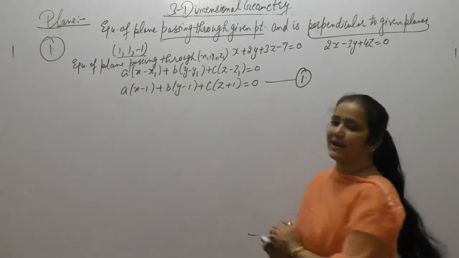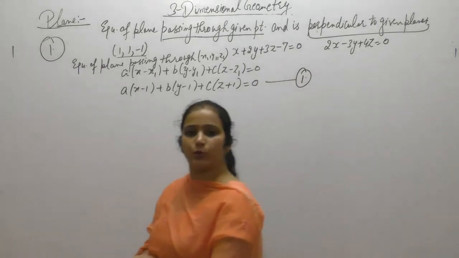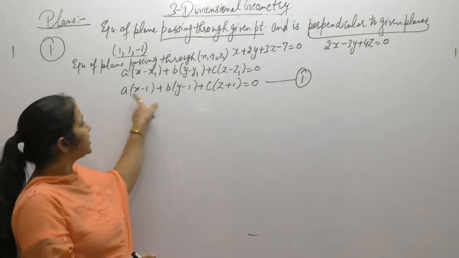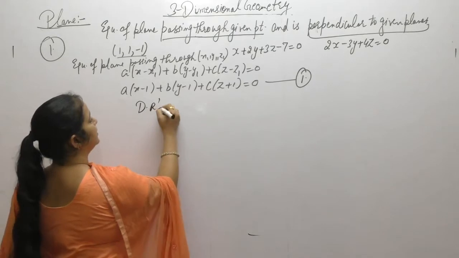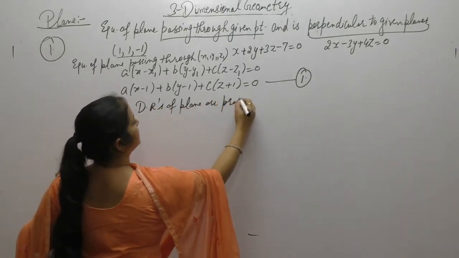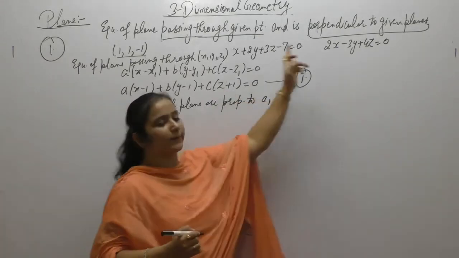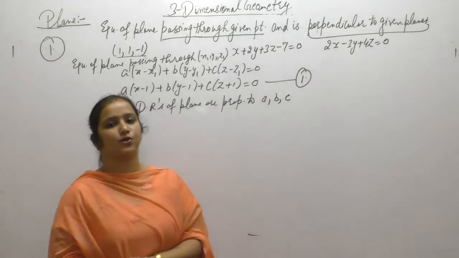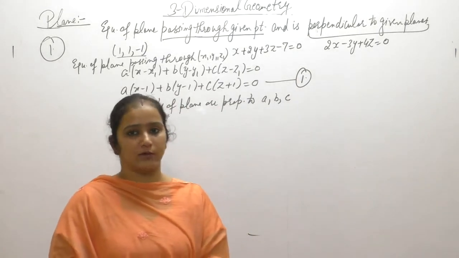Now it is given that the plane is perpendicular to these two planes. The direction ratios of the plane are proportional to a, b, c. Now this plane is perpendicular to these planes, so a1 a2 + b1 b2 + c1 c2 = 0.